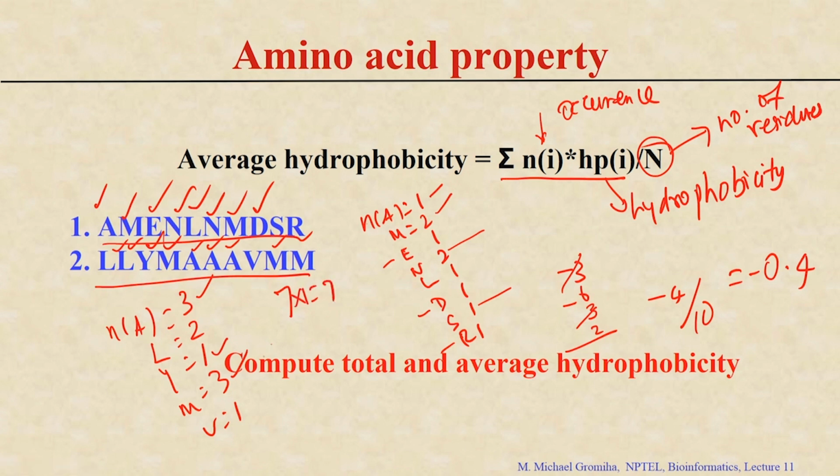And then L and V are 2, so 2 plus 1 is 3, 3 multiplied by 2 equals 6. This will be 13 in total. So the average equals 1.3, counting 1 2 3 4 5 6 7 8 9 10 residues. So you have two sequences: one is minus 0.4, one is 1.3.